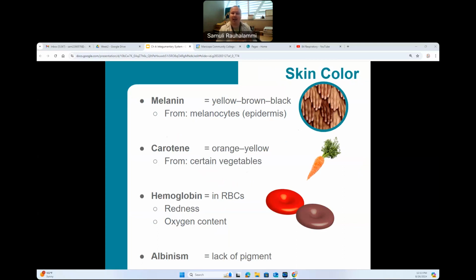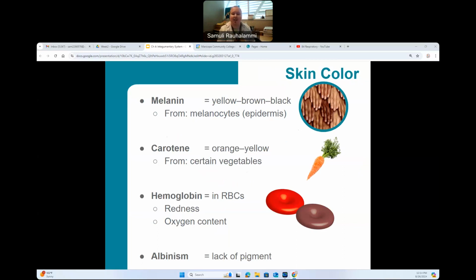You can see a lot of the blood through the skin, and this is really what gives the reddish undertone of the skin color. But we can also tell whether the patient's blood in these vessels is well oxygenated or poorly oxygenated. So sometimes in a clinical setting, we might look for those signs and symptoms.